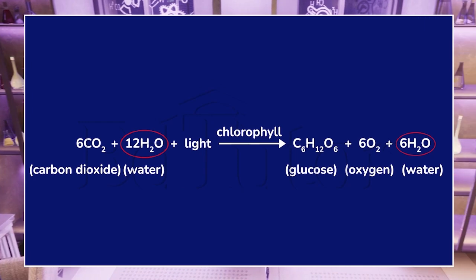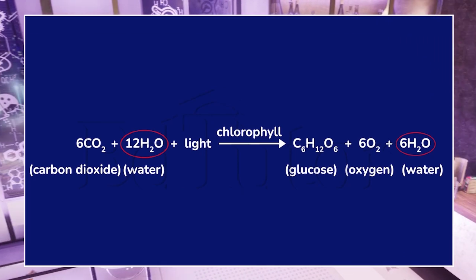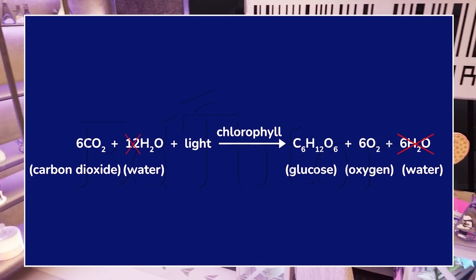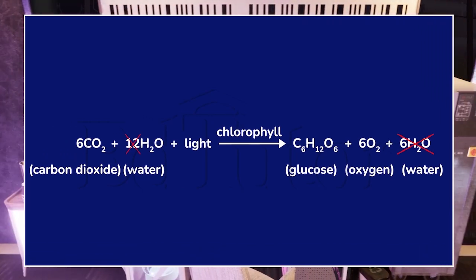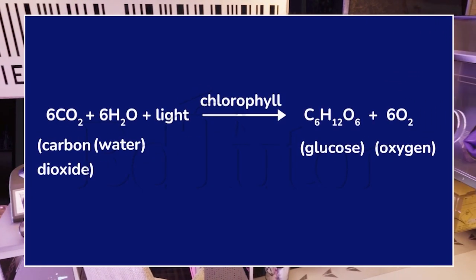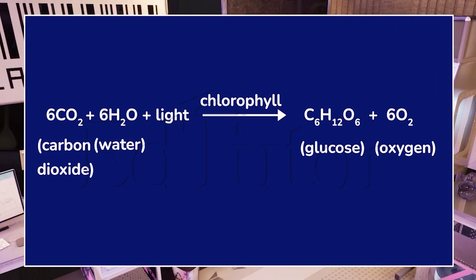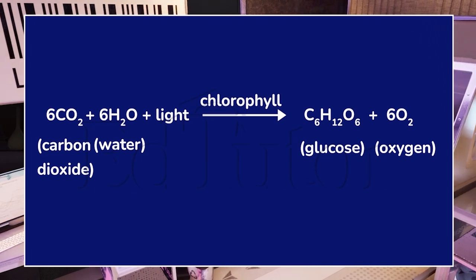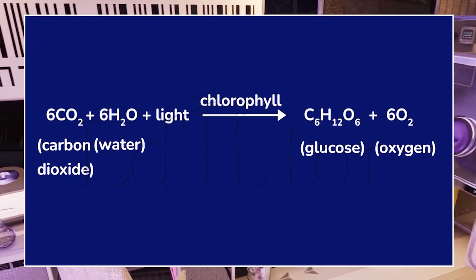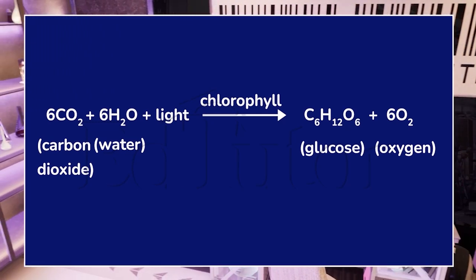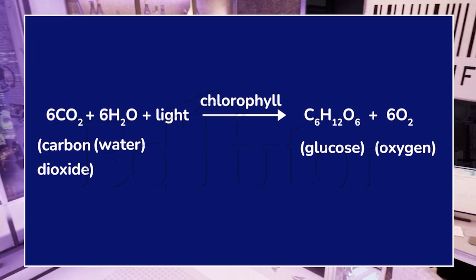So, since there is no net yield of water, we can simplify our equation by cancelling the water on both sides. Take a look at it now. 6 carbon dioxide molecules react with 6 molecules of water in the presence of light and photosynthetic factory, and this produces 1 molecule of glucose along with the release of 6 molecules of oxygen.